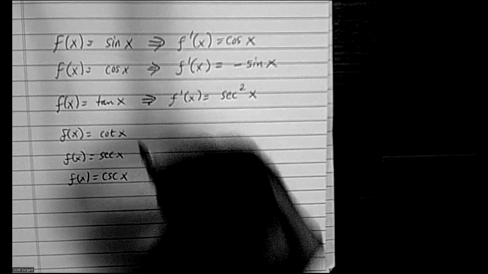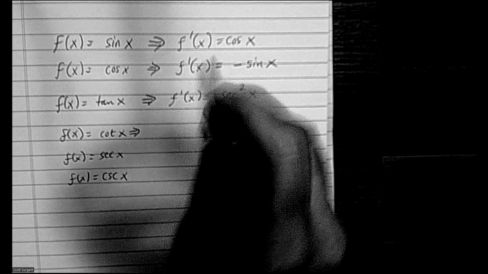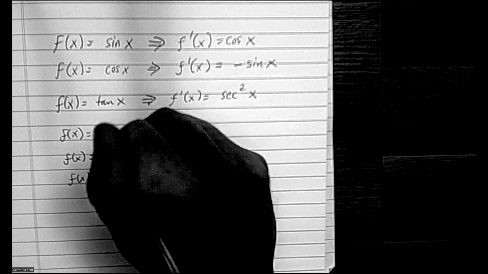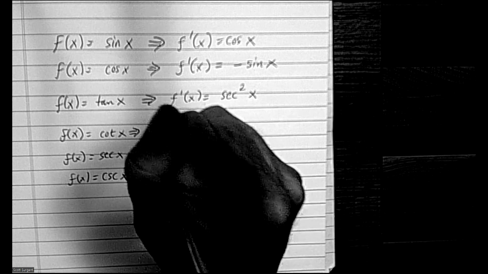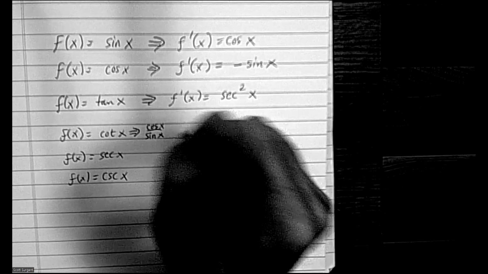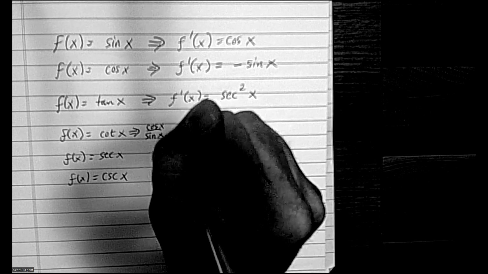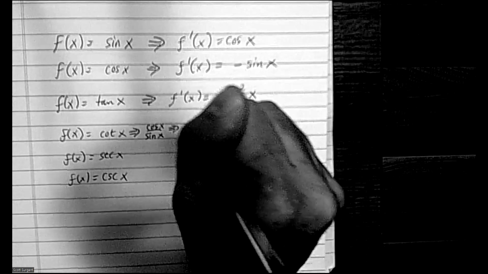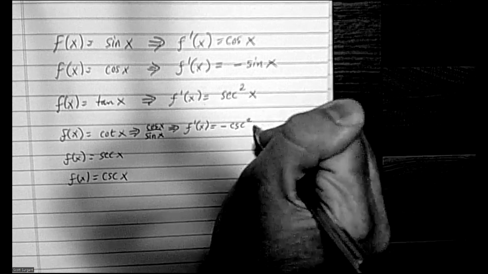Honestly, I never mess around with these. What I do if I have to redo them, because I don't remember, is rewrite it. For instance, the cotangent would be cosine over sine, and I would take its derivative using the quotient rule, and memory serves me, I should get negative cosecant squared.